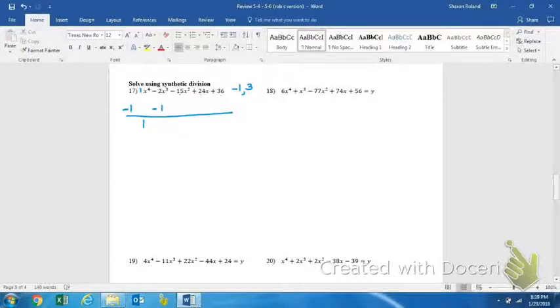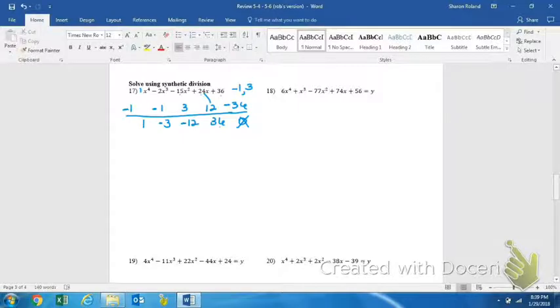You combine these to get -3. -1 times -3 is +3. You combine these to get -12. -1 times -12 is +12. You combine these to get 36. -1 times 36 is -36, and you combine them to get 0. That's your remainder. And so that means that -1 checked out, it worked.